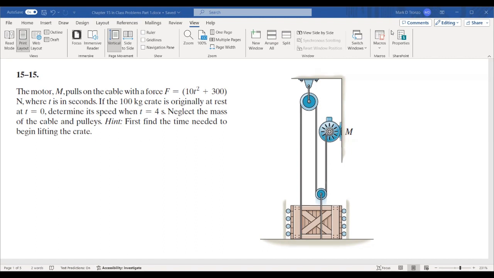So for example, here, the motor will have to run long enough, according to that equation F equals 10t squared plus 300, to generate enough force to begin lifting it off the ground. Because if it doesn't overcome the force of the object, it won't begin lifting off the ground. So we'll have to keep that in mind when we do this problem.